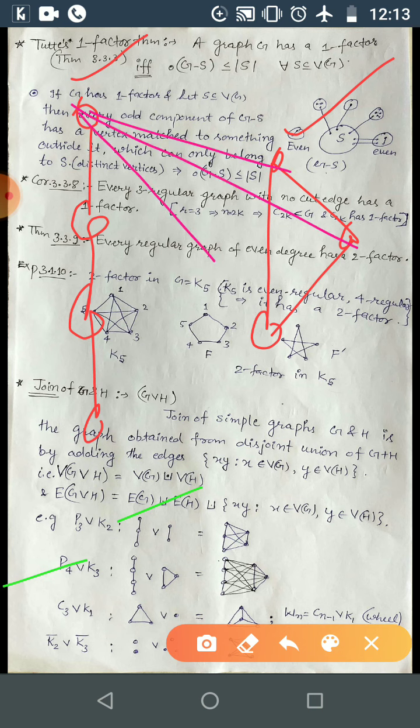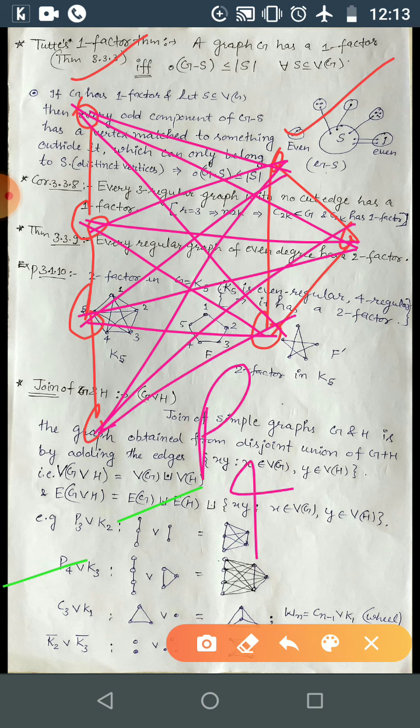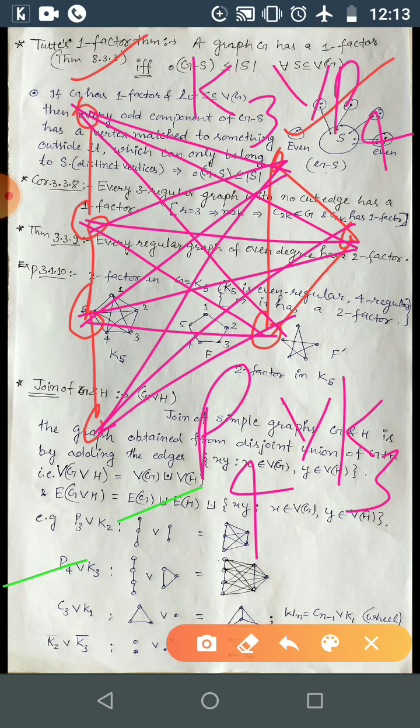So the first vertex will be adjacent with all of these, the second vertex will be adjacent with all three vertices of H, same with the third and same with the fourth. So this is P4 join K3, or you can also write this as K3 join P4, doesn't matter. You will get the same thing.